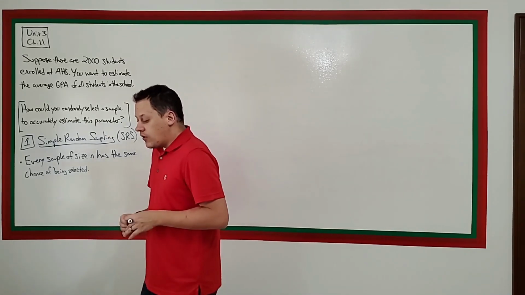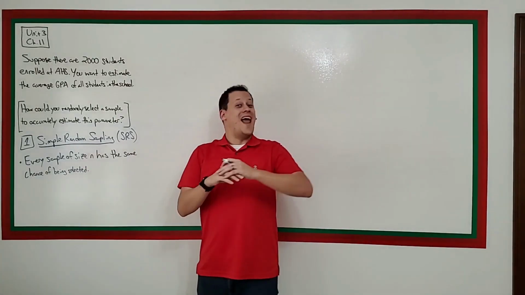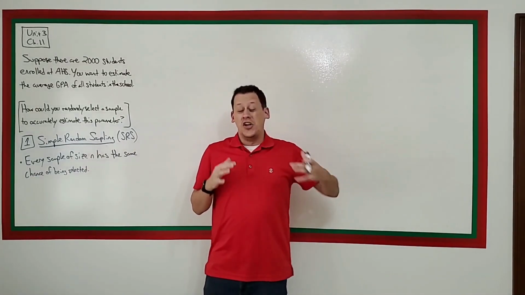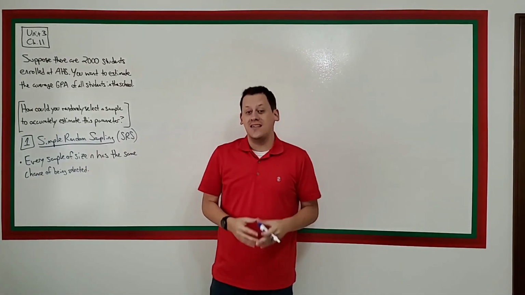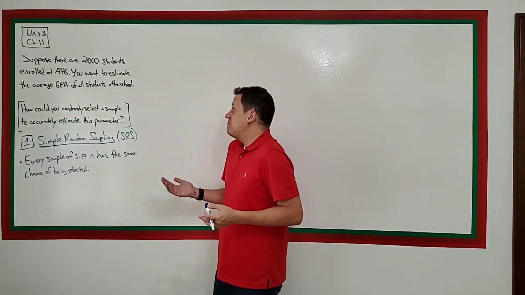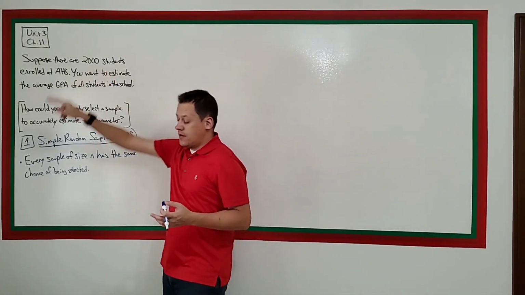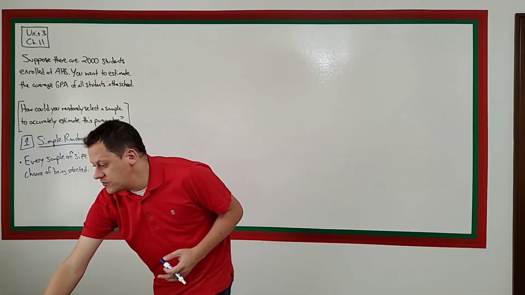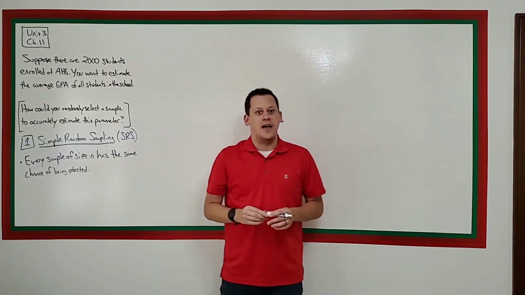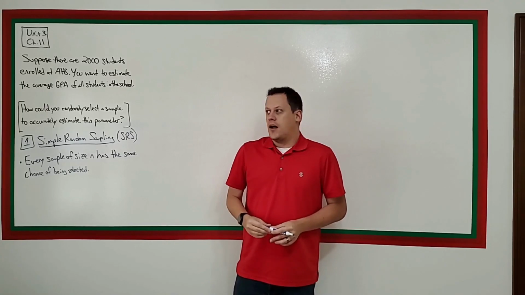Okay, so in order to perform simple random sampling or any of the other methods we're going to talk about, you need to know how many individuals you want to sample. And that depends on a lot of things. One of them is probably the population. So if the population is 2,000, we probably don't want to sample all 2,000. If we could, why would we even bother taking a sample?